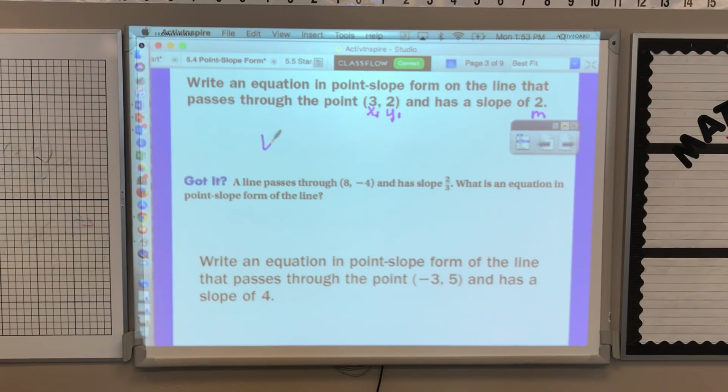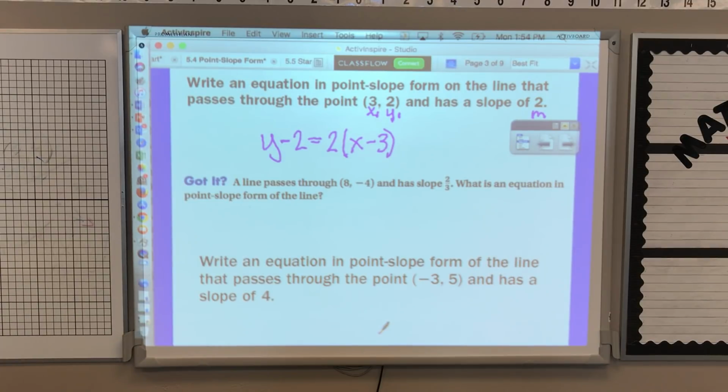So y stays y minus y1, which in our case is 2, equals m times the quantity of x minus x1. So m, they told us, is 2, times the quantity, parentheses, of x minus x1, which is 3.